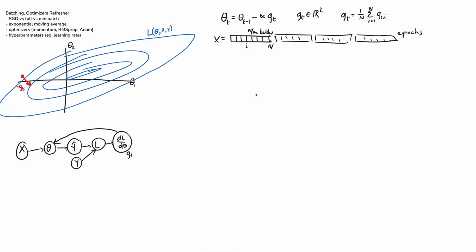All right. So we've covered gradient descent, back propagation, chain rule. We talked about stochastic gradient descent versus full gradient descent versus batch gradient descent.